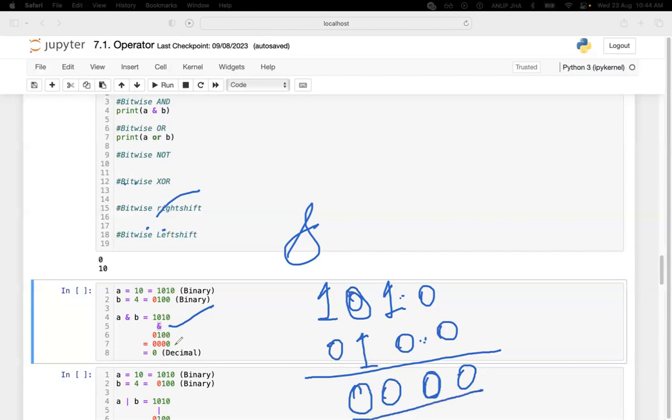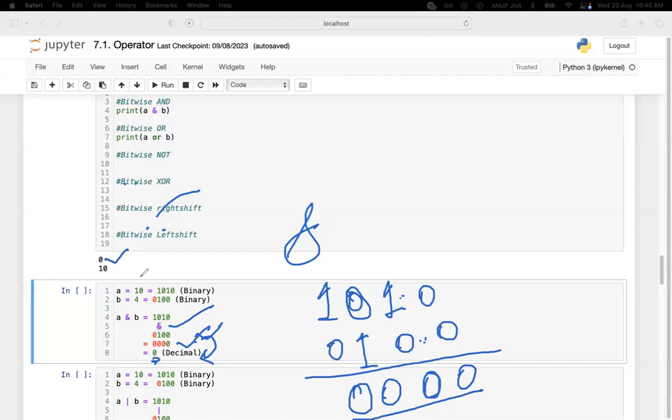So after applying the bitwise AND operator, we get this value. Finally, the interpreter interprets this value and gives me this 0. That means when I apply the bitwise operator on 10 and 4, I get 0 as output. Do you understand how I am getting this value 0?